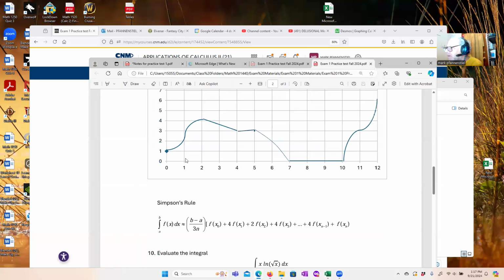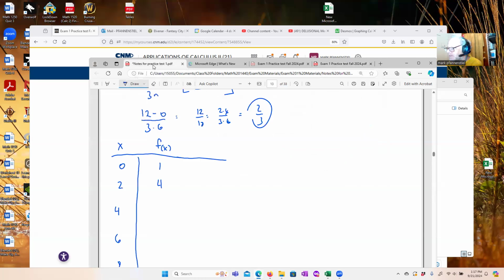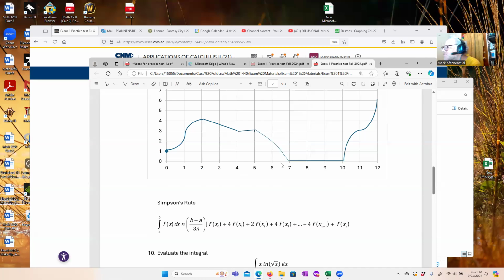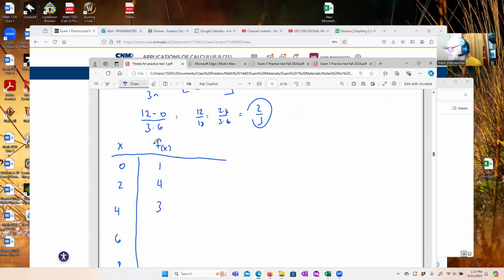When x is 4, our function value looks like it's going to be 3. Again, you're going to do this a lot faster than I am because I have to tab back and forth here. For 6, our function value is 2.